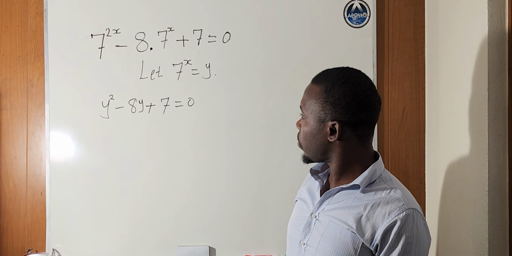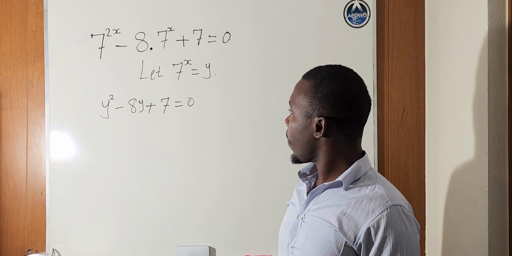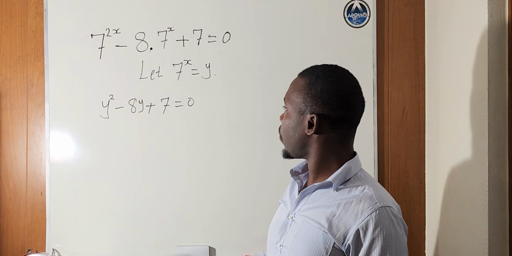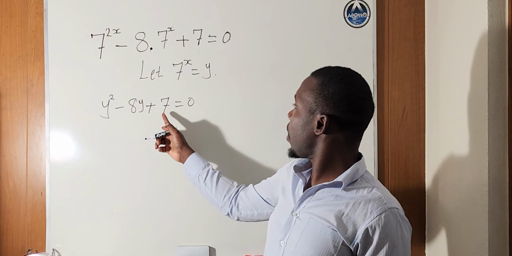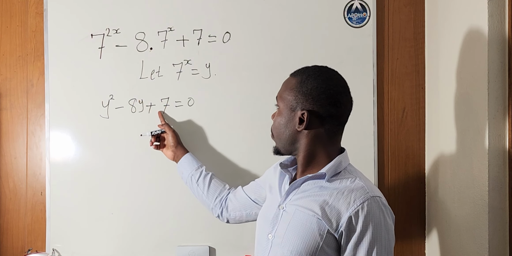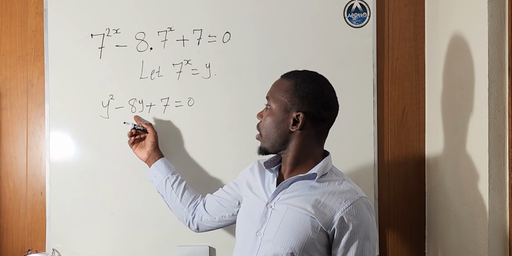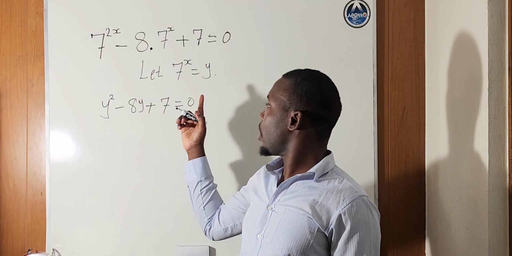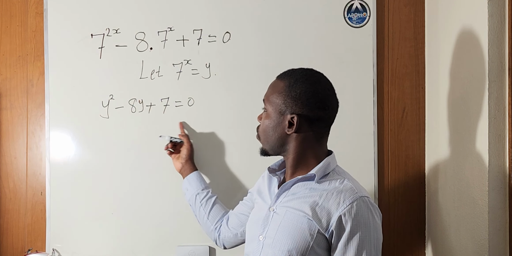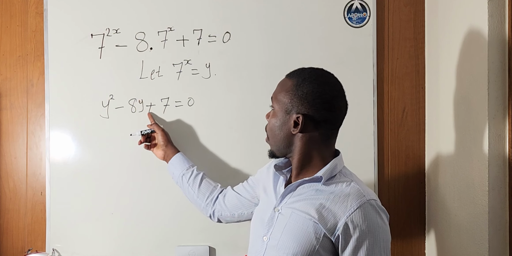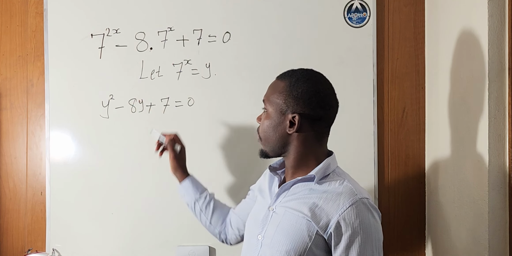For me, I will choose the completing square method, whereby I look for two numbers that when I add them, they give me minus 8, and when I get the product of those two numbers, I get 7. The two numbers are minus 7 and minus 1. Minus 7 plus minus 1 gives you minus 8, and the product, minus 7 times minus 1, gives you 7.